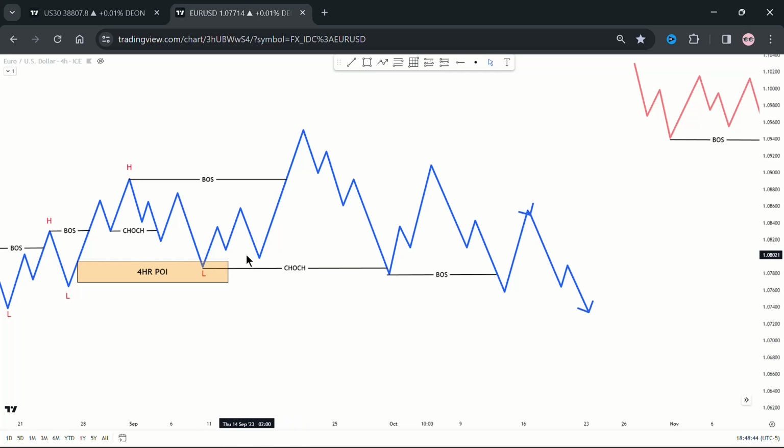So when you enter here, since under the 4 hour chart it's already in the point of interest, and under your analysis time frame, which is your 15-minute time frame, it has turned bullish.